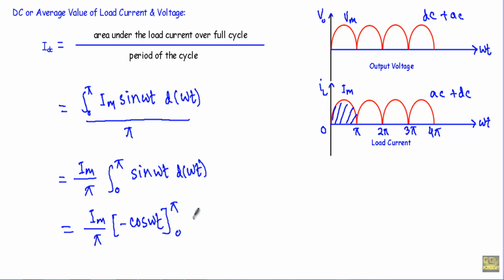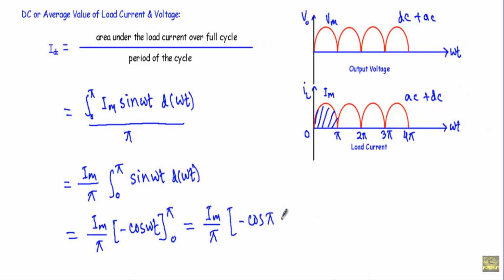If I put the values π and 0 in place of ωt, I will get Im divided by π, minus cos π minus cos 0.